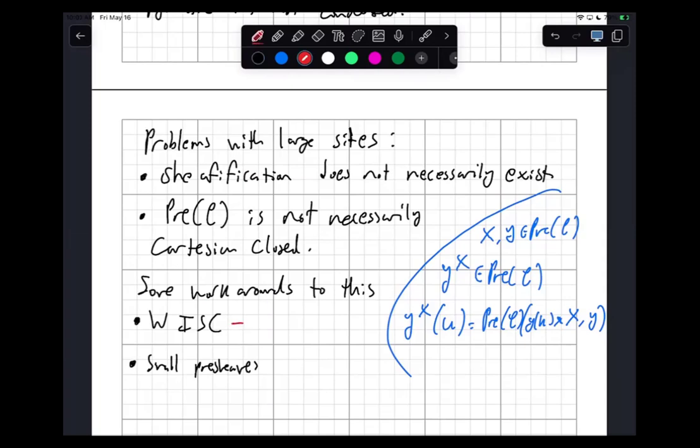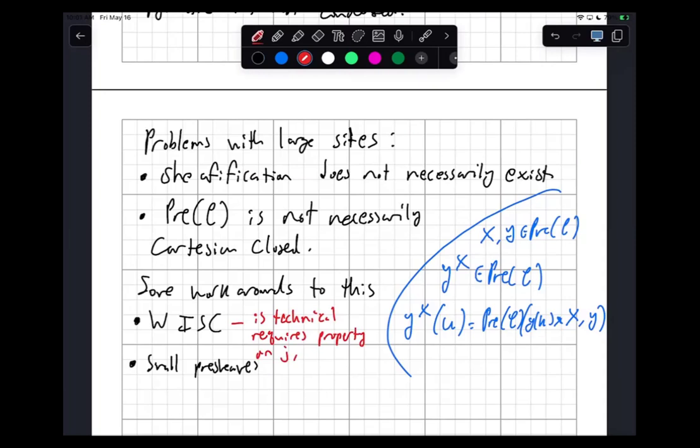Whisk requires you to restrict the kind of covering families that you consider. You want there to be a small subset of covering families that's cofinal in all of them. So this is technical and requires a property on the coverage.